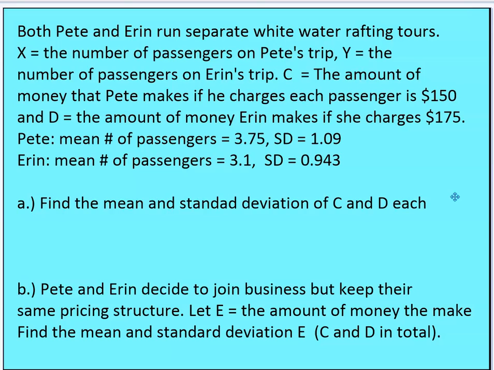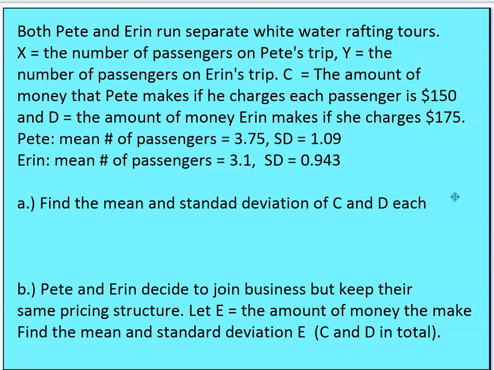So Pete, the mean number of passengers is 3.75 with a standard deviation of 1.09. And Aaron has a mean number of passengers of 3.1 with a standard deviation of 0.943. So remember, Aaron is charging 175 and Pete is charging 150.